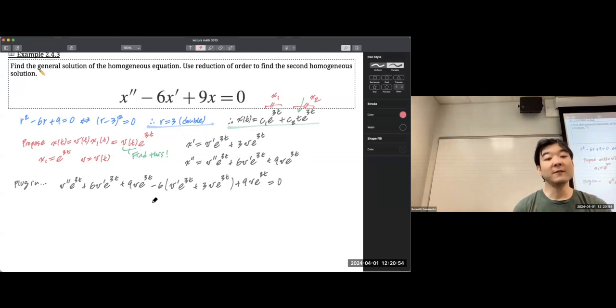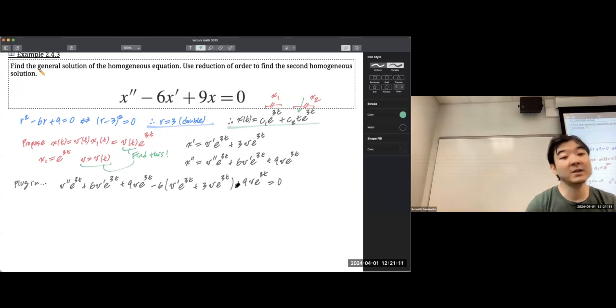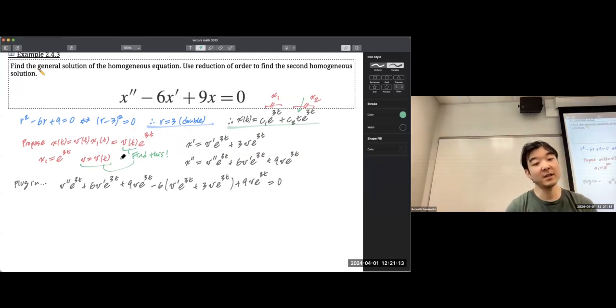The goal is to find this v of t that will get multiplied to the e to the 3t, the v of t that would force this solution to satisfy this differential equation. So we have an equation in v. It's a differential equation in v because the v's have the primes on them.